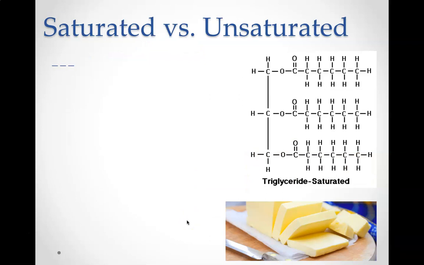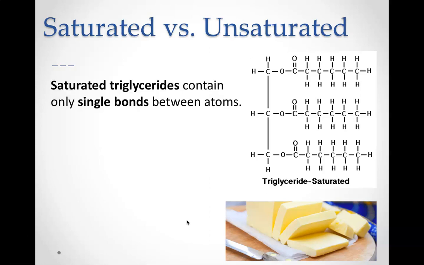And with triglycerides, the shape of them can change. You may have heard of saturated fats, unsaturated fats, trans fats. You may have seen those on nutrition labels. But we're going to talk about what that actually means and what kind of things in our diets provide each type of fat.